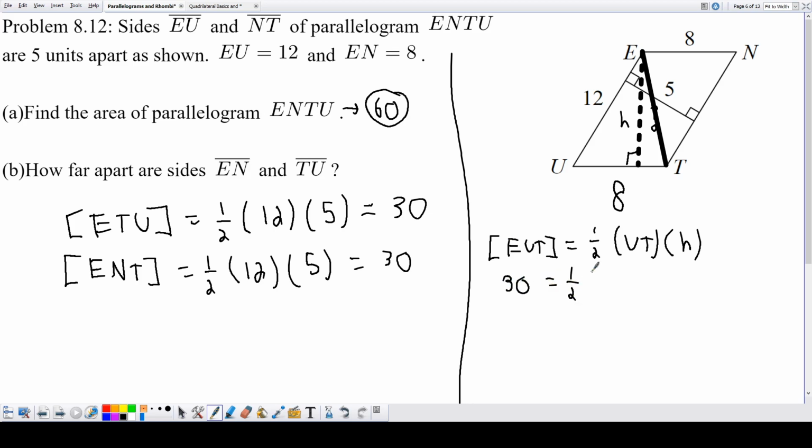And if my base is UT, then that's 8. I'm left with my height. So now I have to find out what my height is. Well, half of 8 is 4. So you have 4h equals 30. And then just divide by 4 to get that the height is 30 over 4, which can be reduced to 15 over 2.